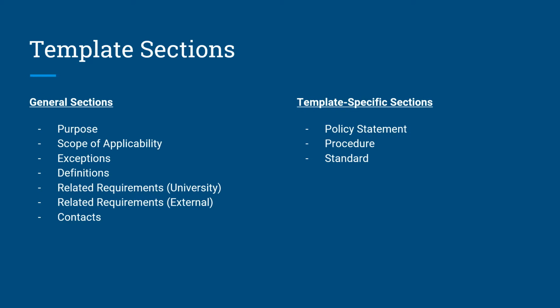The major difference between the various documents are the policy statement, procedure, and standard sections. Obviously, a policy statement goes into a policy template, a procedure goes into a procedure document, and a standard goes into a standard document. Let's now look at the templates themselves to get a better sense of what this looks like in the real world.